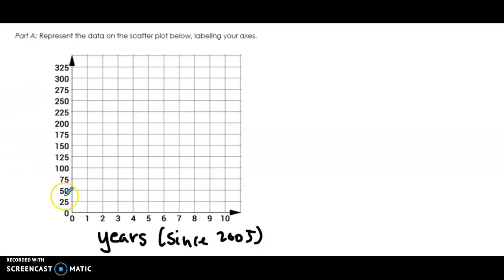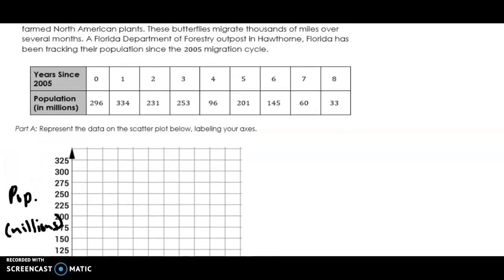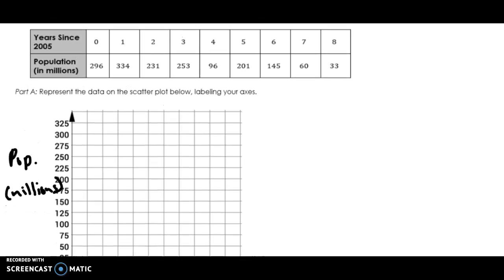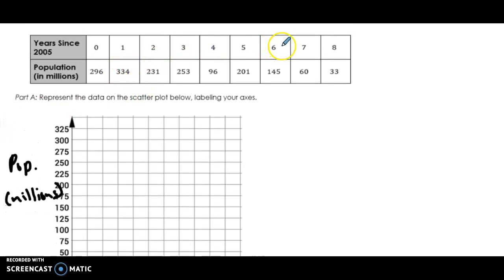It's what depends on the other one. So the year affects how many butterflies there are. So this would be population in millions of monarch butterflies.